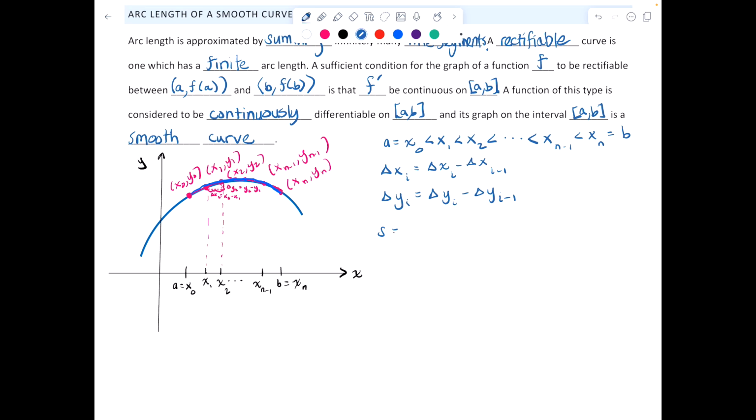We can start out by thinking of it as the summation, as i goes from 1 to n, of the square root of the quantity x sub i minus x sub i minus 1, squared, plus the quantity y sub i minus y sub i minus 1, squared.